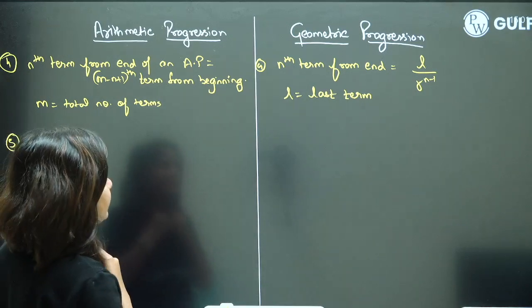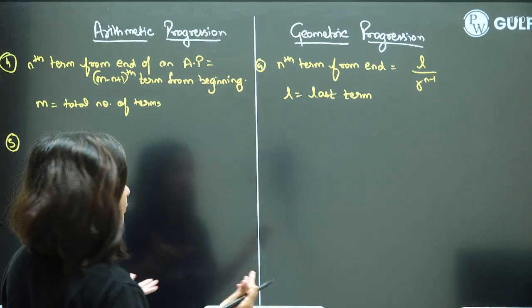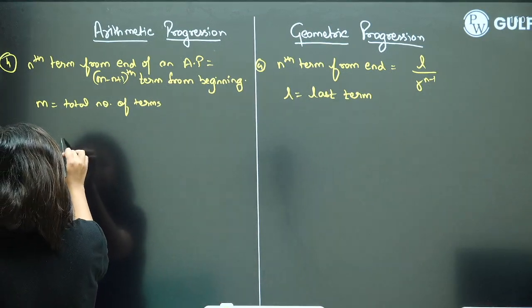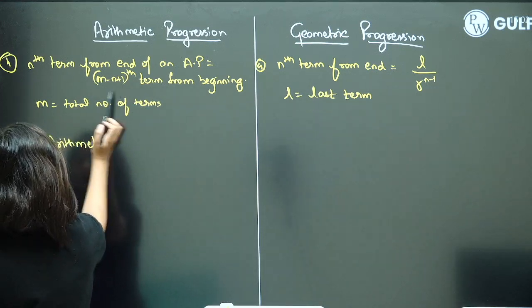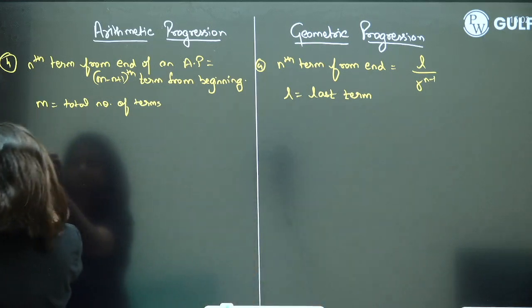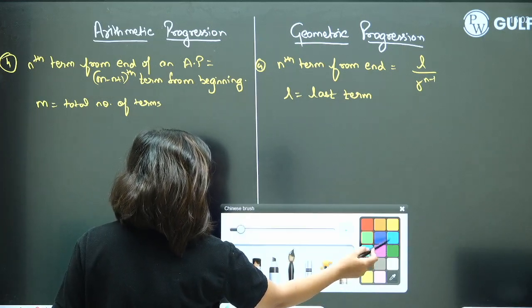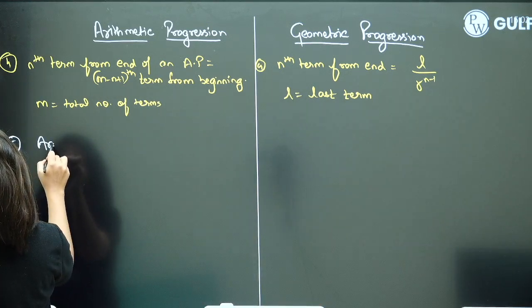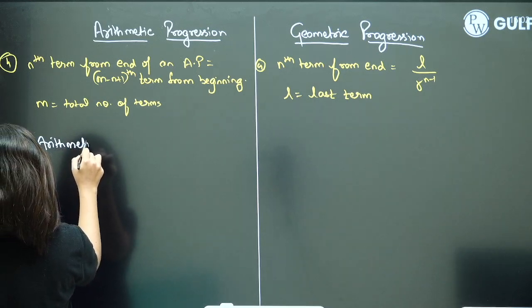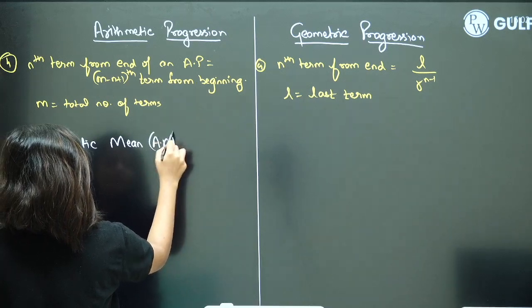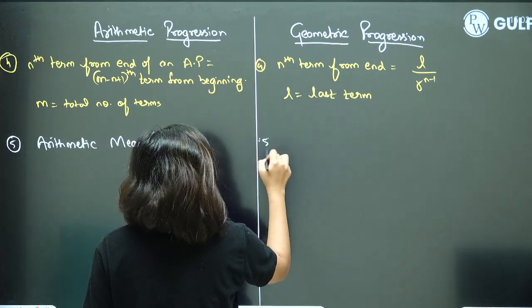Here we understand the nth term and we go on to see what we mean by arithmetic mean and geometric mean.